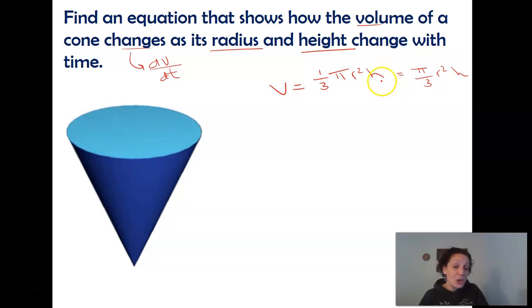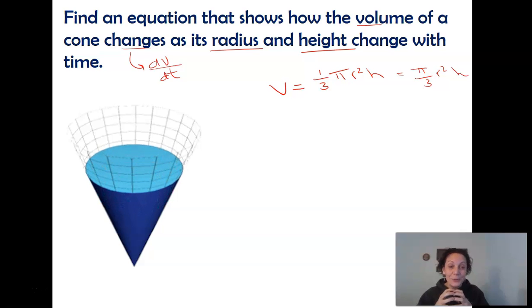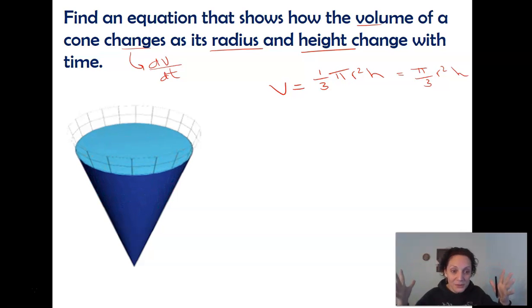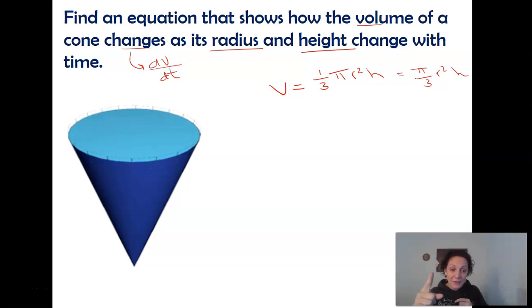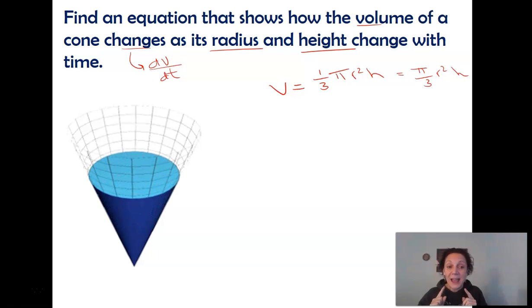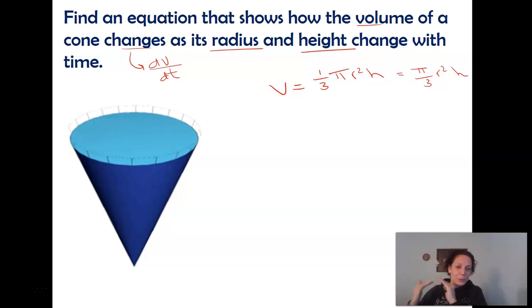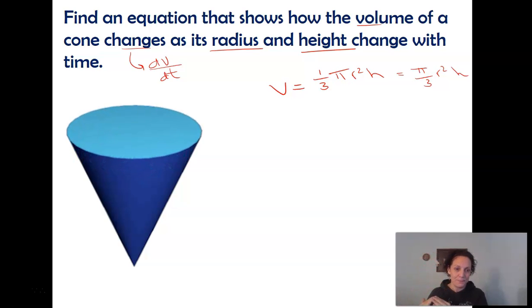If you have an h, you're going to end up with a dH dt. So the number of variables in these equations, when you take the derivative, doubles. For every variable you have in that equation, when you take the derivative implicitly with respect to time, you're going to get not only that variable, but the rate at which that variable is changing with respect to time.